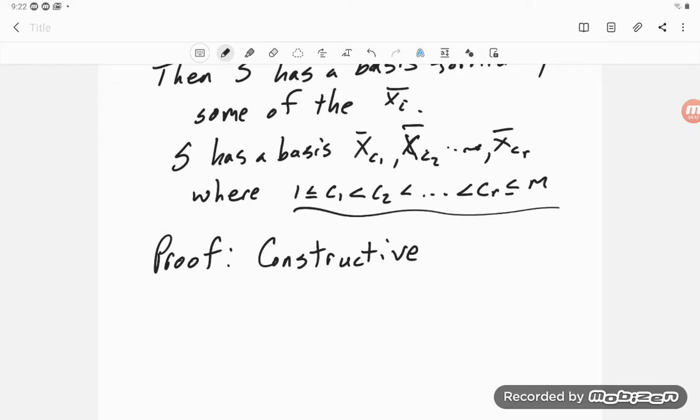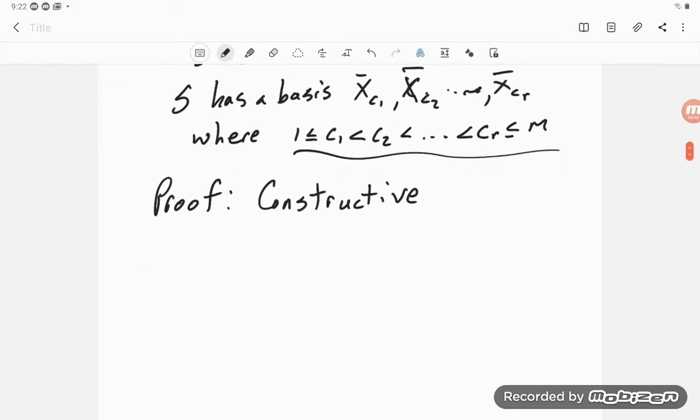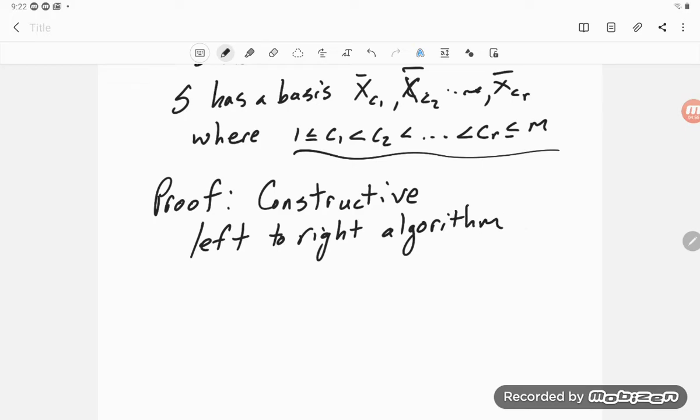They call this the left to right algorithm.